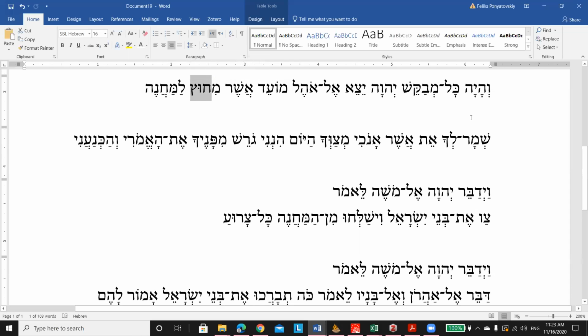So can you repeat everything together? And it will be that the Lord will seek. No. All who seek. Okay. And it will be that all who seek the Lord will go out to the tent of meeting that is outside the camp.